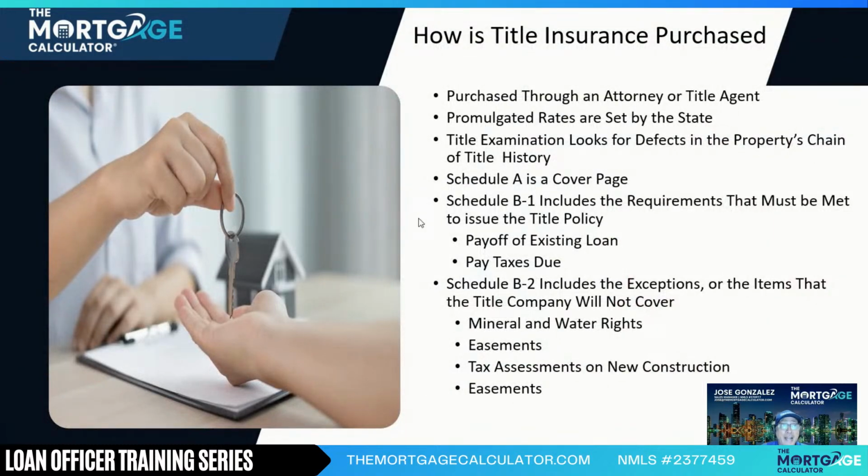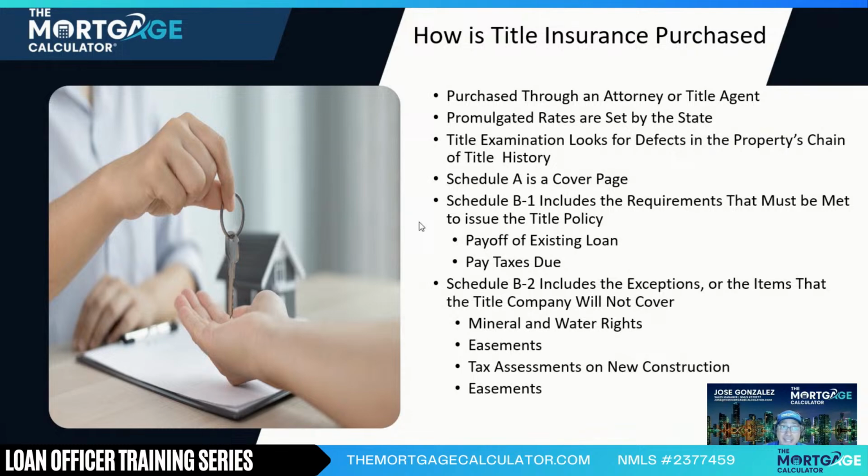So how is title insurance purchased? It is usually purchased through an attorney or a title agent, either or. The rates are usually set by the state. Not every state works that way, but most states have what is referred to as promulgated rates.